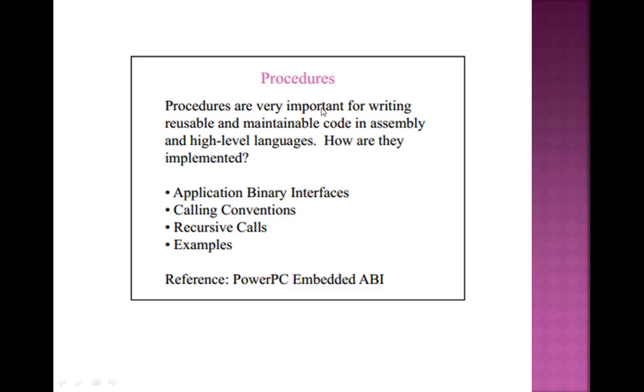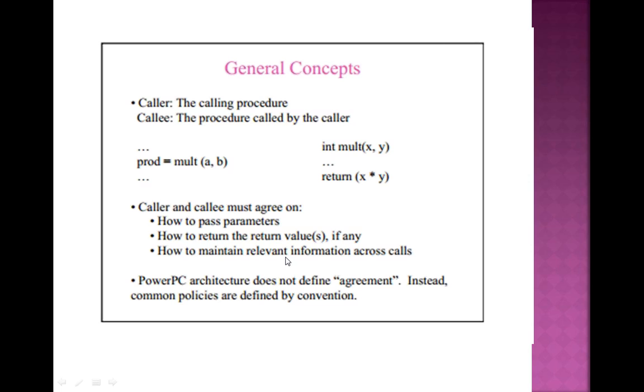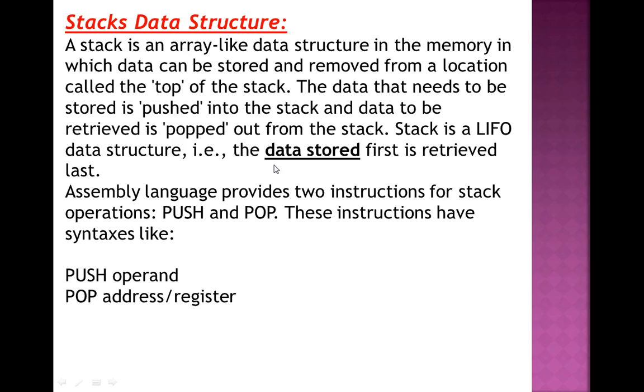Then we discussed the importance of procedures, that they are used for writing reusable and maintainable code in assembly and high level languages. These are the multiple methods by which we can implement procedures: application binary interfaces, calling conventions, recursive calls, and there are examples. These are the multiple concepts which we studied yesterday.